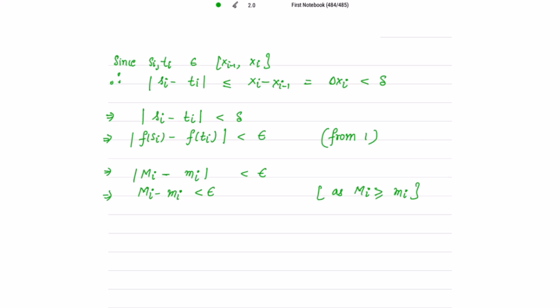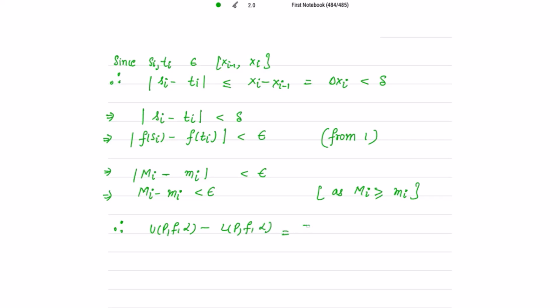Now because we have to prove that f is Riemann integrable, for that let's take UPf alpha minus LPf alpha. Let's find this out.